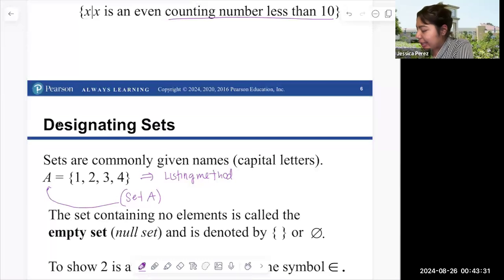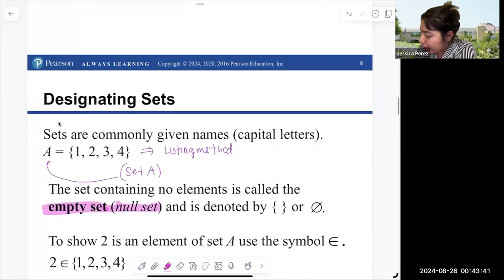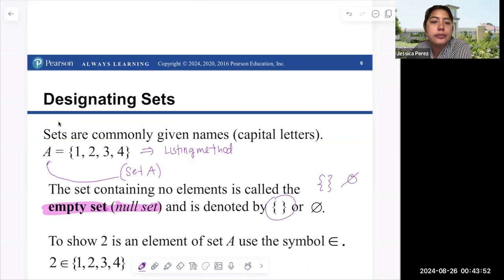The set containing no elements is called the empty set, also called the null set. An empty set can look like two ways: you have braces by themselves, or this symbol called the empty set. They both represent the same thing.